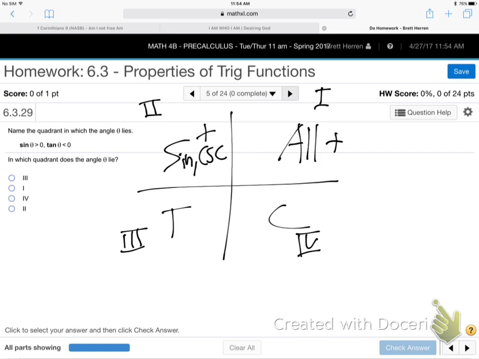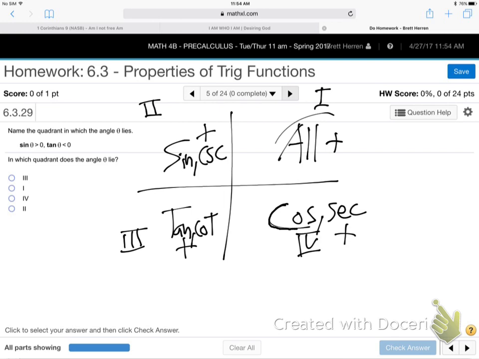It's telling you which functions are positive where, and the other ones are negative. So down here, tangent in the third quadrant, and of course its reciprocal, cotangent, are positive. The other 4 are negative in that third quadrant. And in the fourth quadrant, what's positive there? C. What does C stand for? Cosine, and its reciprocal, secant, are positive, and the other 4 are negative.